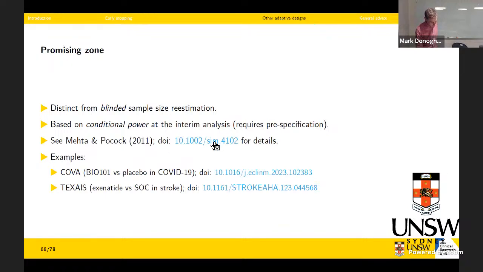So there are kind of more details here. I think these slides will go up on the Stats Central website, so you can click on those links there.